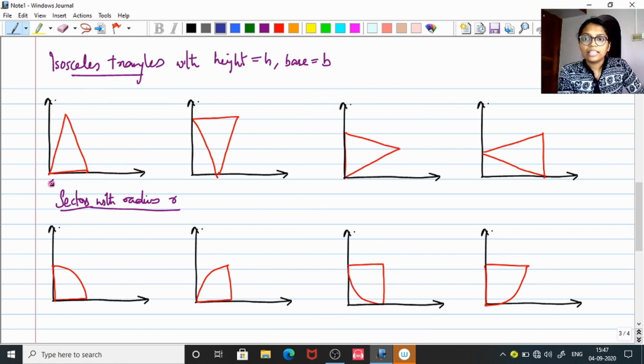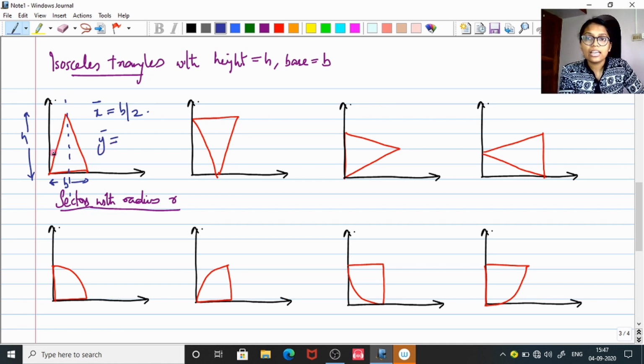Next is the isosceles triangle with base B and height H. Here the case is different because the figure has a vertical symmetry and we know that x bar lies on the vertical symmetry. So this point is just half of B, so x bar is simply B by 2. For y bar you have to again take the right angle point.